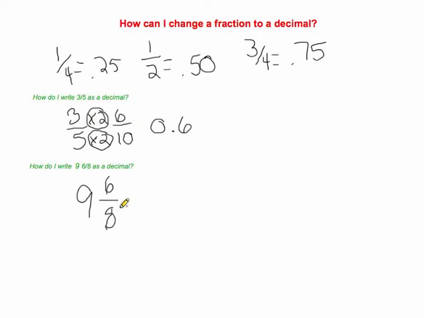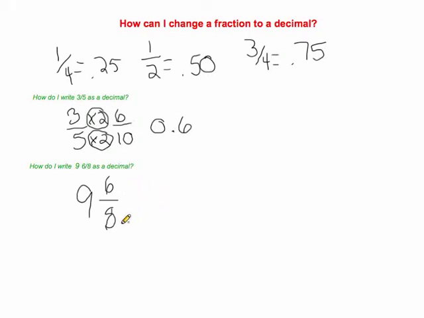So I know that 8 will not go into 10, and I know that it will not go into 100. So I'm going to see if I can use one of my benchmarks, 1/4, 1/2, or 3/4. Well, I need to find out what I can divide the 8 by and the same as the 6 by.